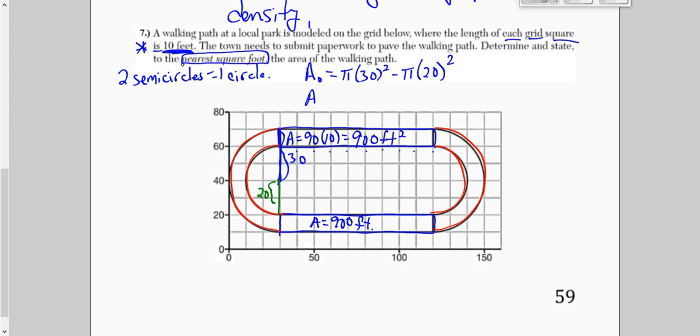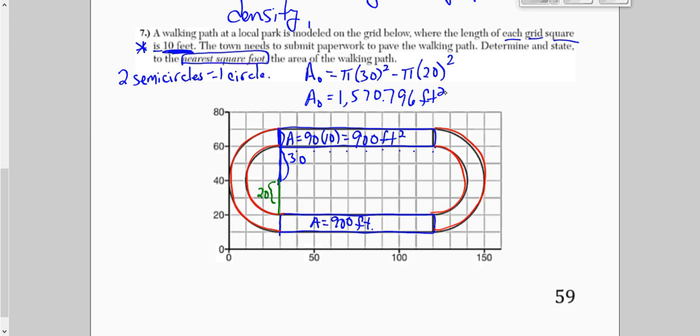So we get the area of the circular part to be 1,570.796 square feet.